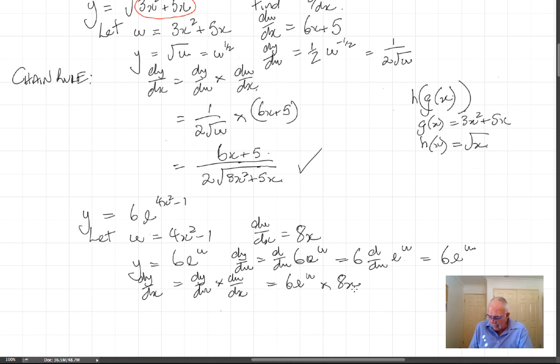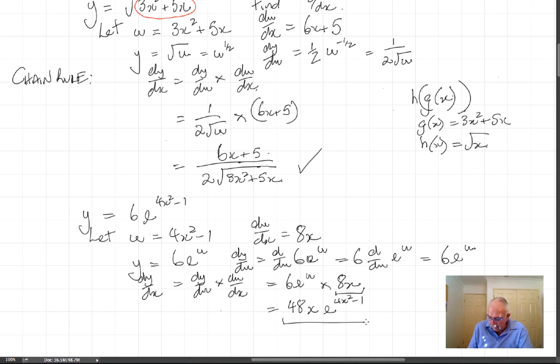Now it is common to bring something like 8x to the front, and we can go 6 times 8 which is 48x e to the u, but the u is 4x squared minus 1.